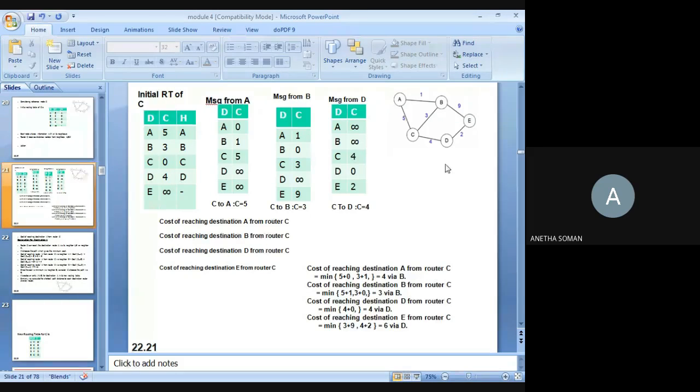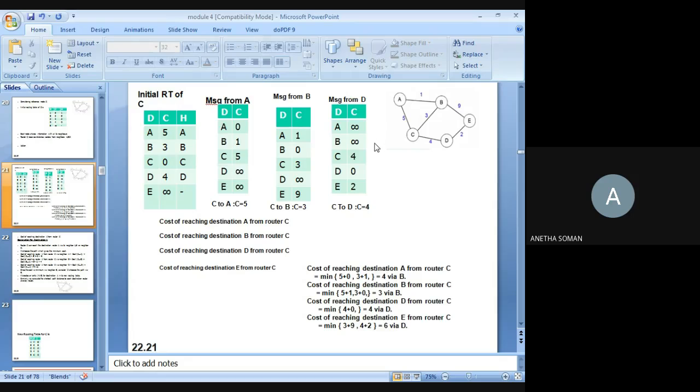Now I have considered a reference node C here, and the neighbors of C are A, B, and D. And what I'll be getting is a message from A, a message from B, and a message from D. The neighbors share only the first 2 columns of their routing table, and that is what has been displayed here on the slide, that is, message from A, message from B, and message from D.